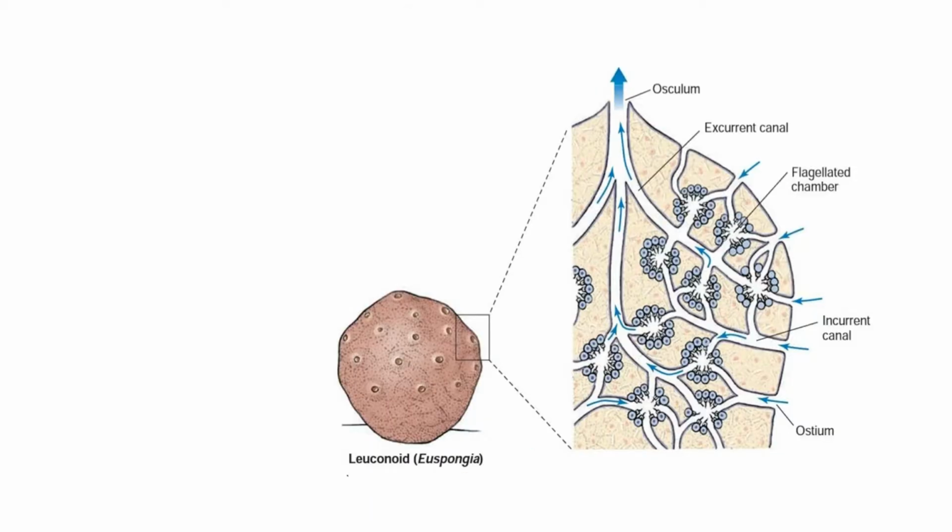Now you have the most complex type of canal system which is Leukophilic type of canal system, and it is found in Euspongia or Spongula. The freshwater sponge which you study as an exception comes under this canal system, Leukophilic type of canal system.